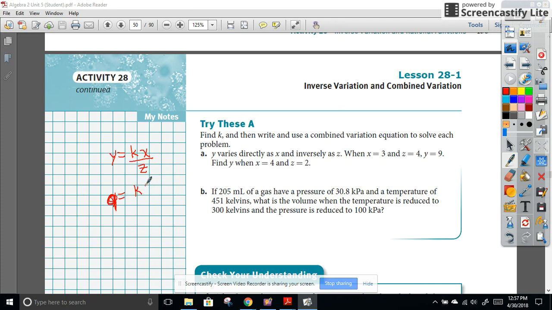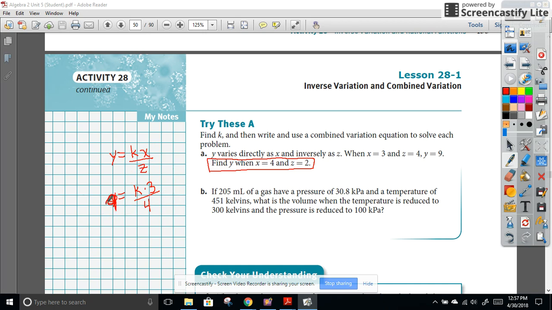We don't know K. They're going to give us these numbers, and now we've got to get K by itself, because we can't answer the question until we find K. We must know K in order to find anything else.